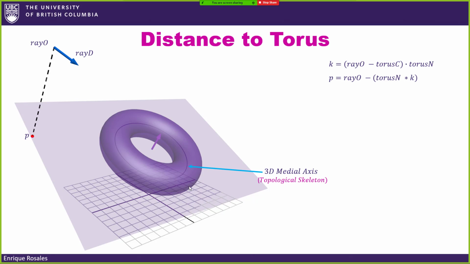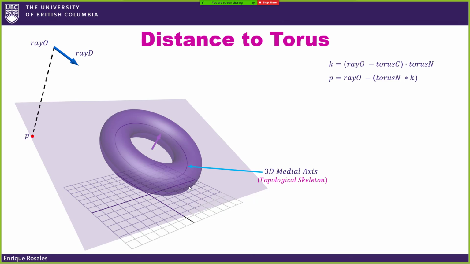No? Yeah, this is very geometry processing language, right? So unless you have experience in that area, you probably haven't heard of it. The 3D medial axis of a 3D model is basically a geometric representation of the center of that model.